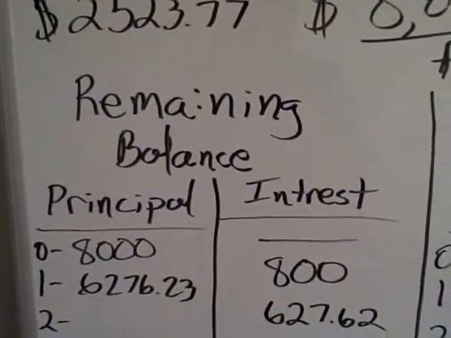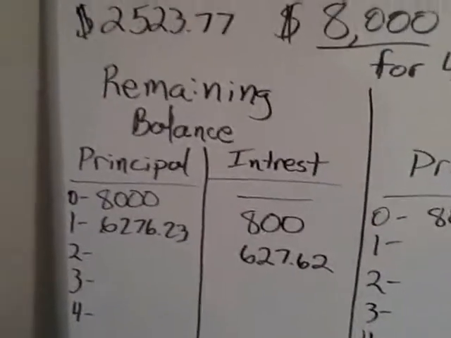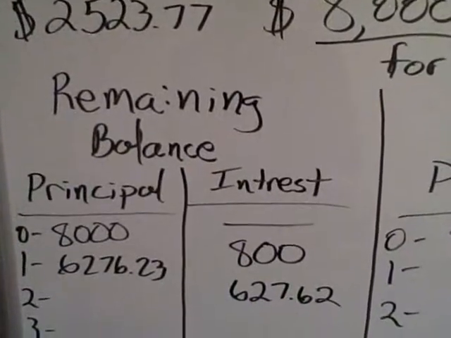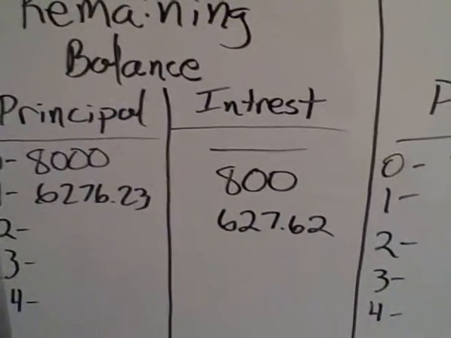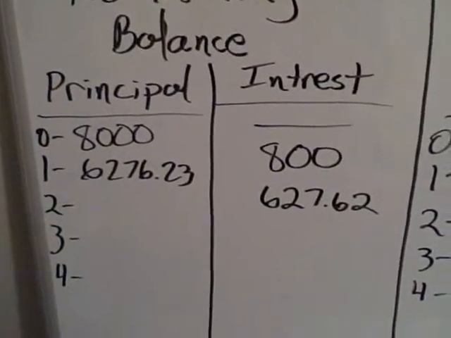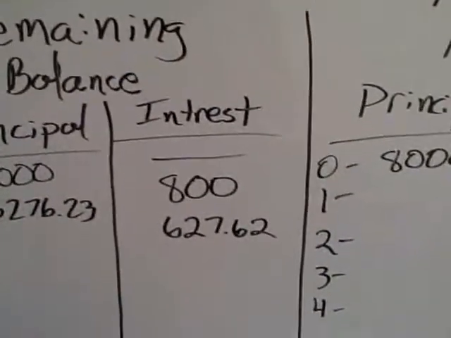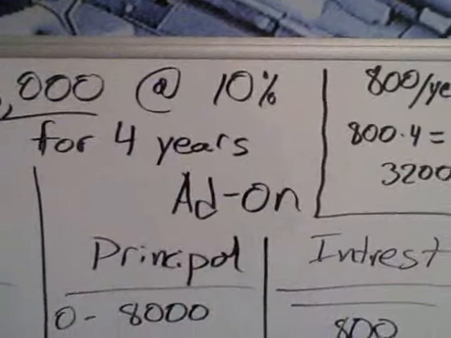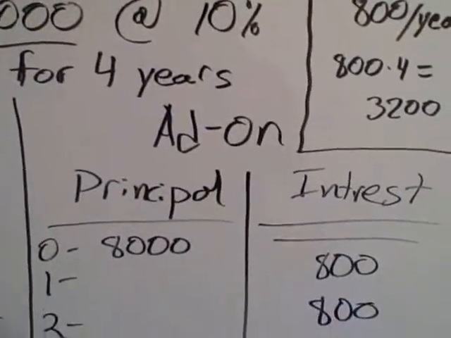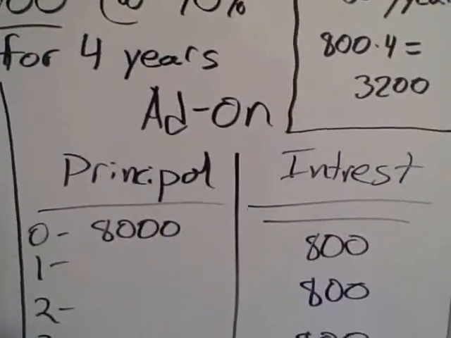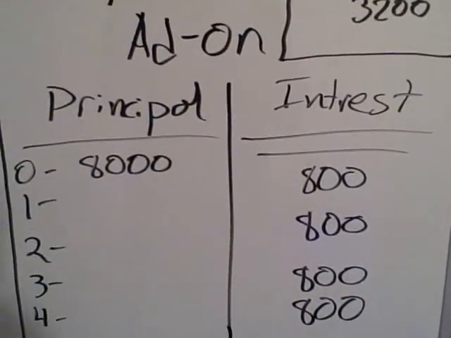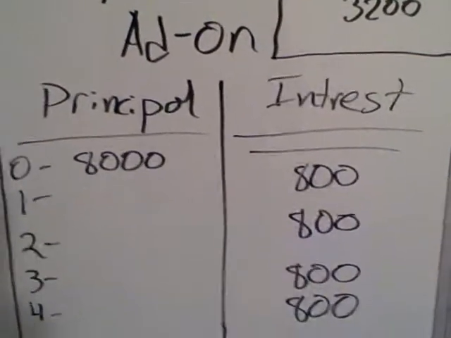So that's where this really comes into play, especially when you're looking at, let's say, a 30-year mortgage where your interest is constantly going to be going down because you're paying off principal over time. If you use the add-on method, your principal and your interest, the entire payment that you're making per year, per month, whatever it is, is going to be the same throughout the entire loan.